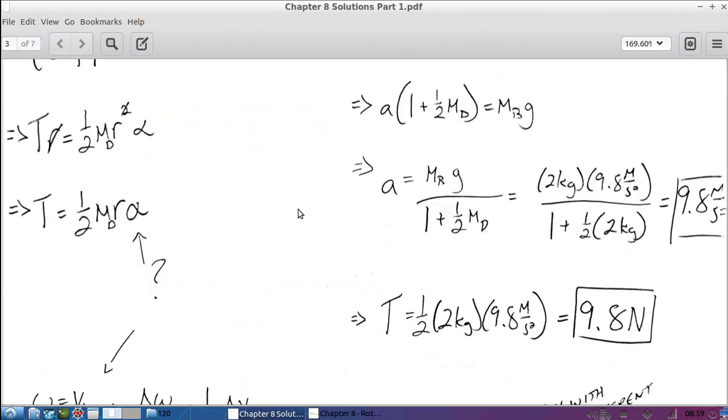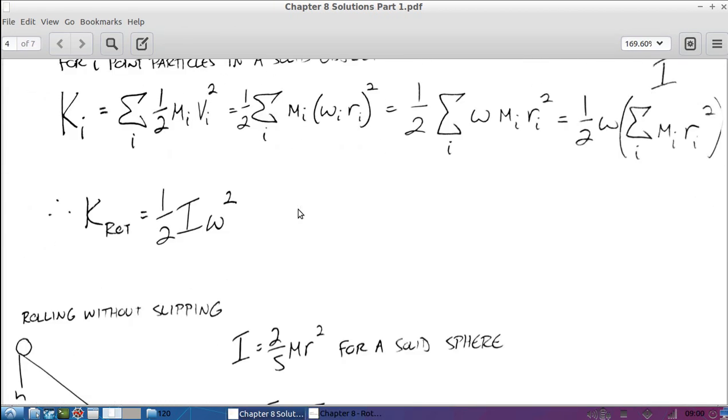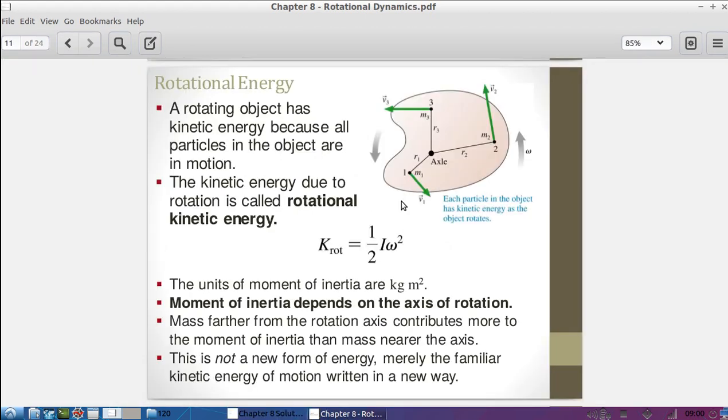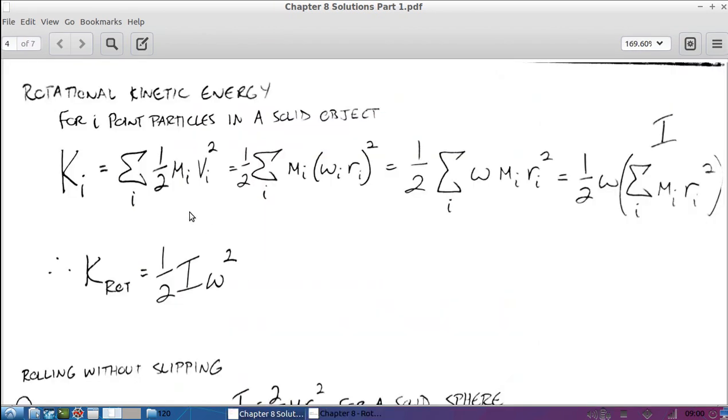So here's what I did, sparing us the rigorous calculus. I took all of these little m's, all of these little tiny masses that are inside my object, and I said every single one of them has a kinetic energy. They've got a mass, they've got a tangential velocity, so they all have to have a 1/2 mv squared. So I'm using summation notation. Let's say I have i little pieces of mass inside my object.